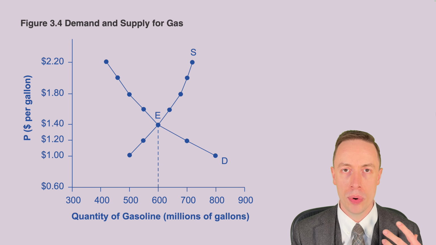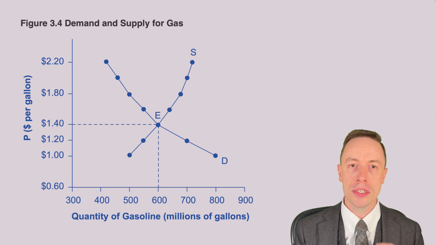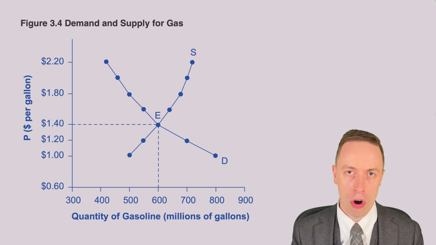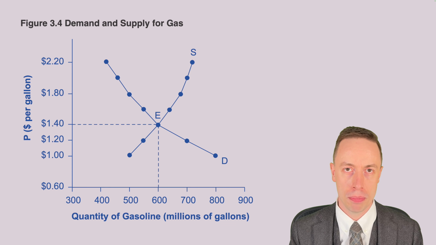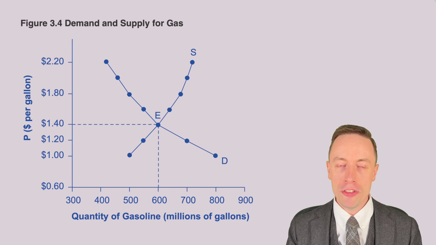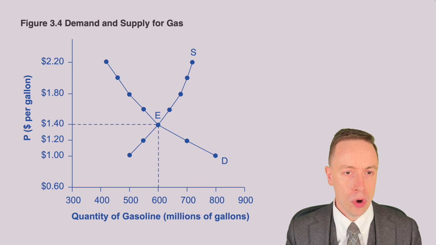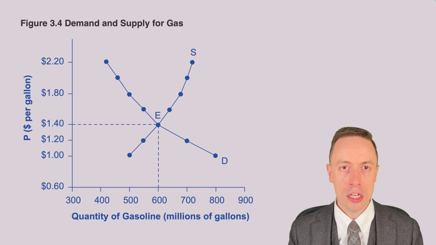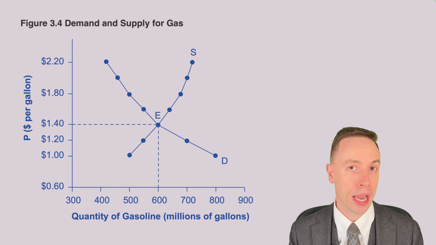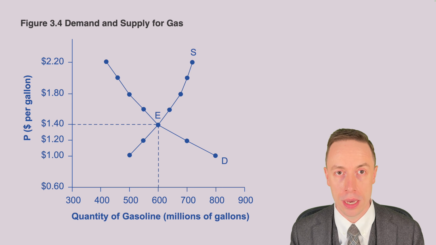Now, this equilibrium forms the central prediction of the model of demand and supply. If nothing unusual is going on, we would expect this market to tend towards its equilibrium price and quantity.